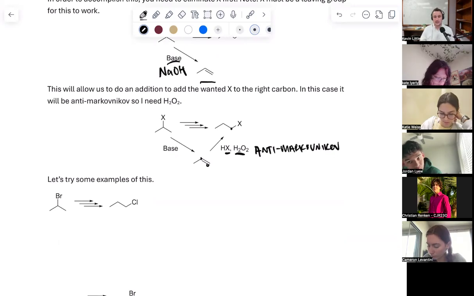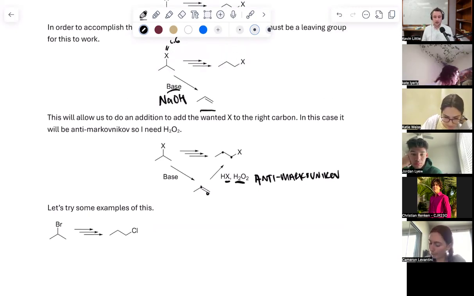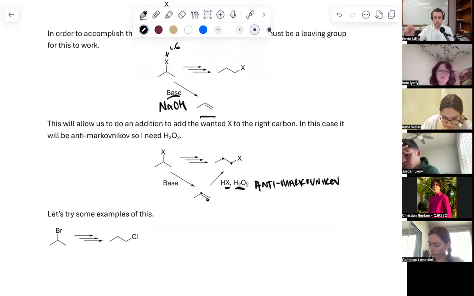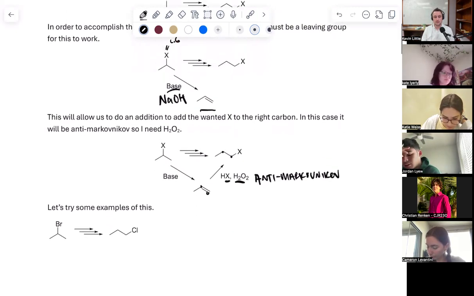That enables us to get the anti-Markovnikov addition, whereas just HCl would add here. So relatively straightforward steps, but it's a pattern you're going to have to see a couple of times to make sense. So if we want to move where our functional group is, we have to first eliminate it and then add it specifically to the carbon that we want to add it to.